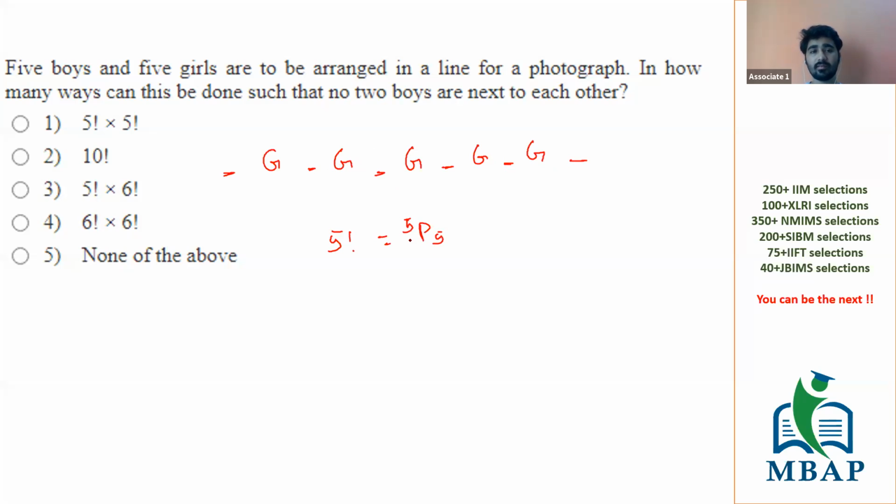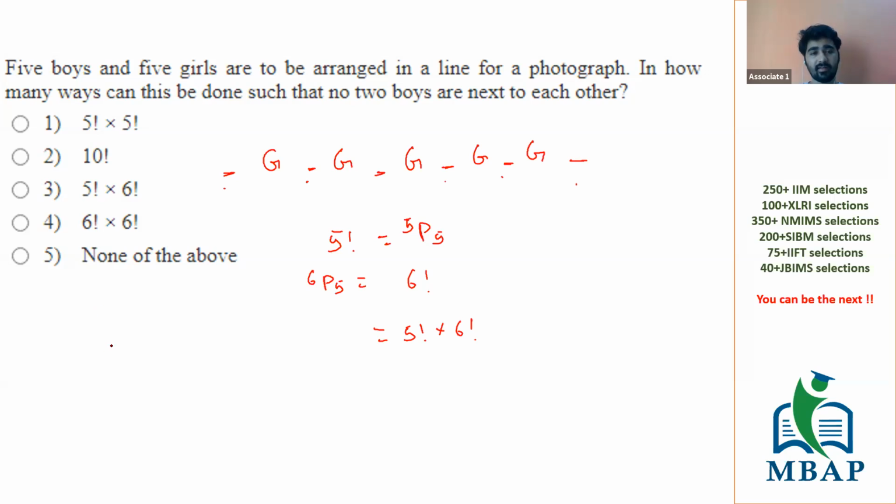I will explain this. Now look at the boys. For boys, you have these spaces 1, 2, 3, 4, 5, and 6. There are 6 different spaces. Now there are 5 boys and 6 different spaces, that can be done in 6P5 ways, which is nothing but 6 factorial. Hence your answer will be 5 factorial into 6 factorial.